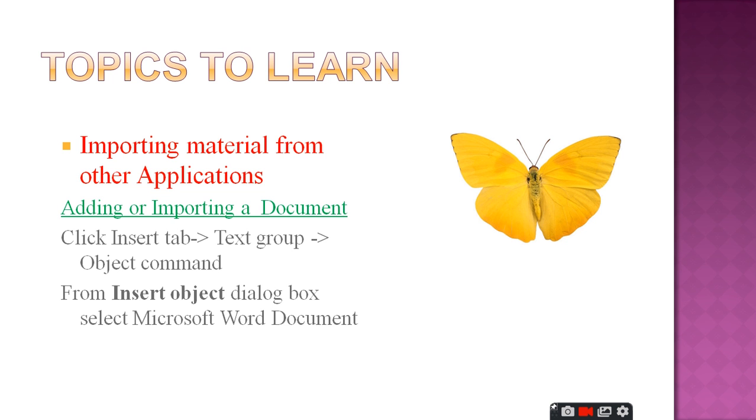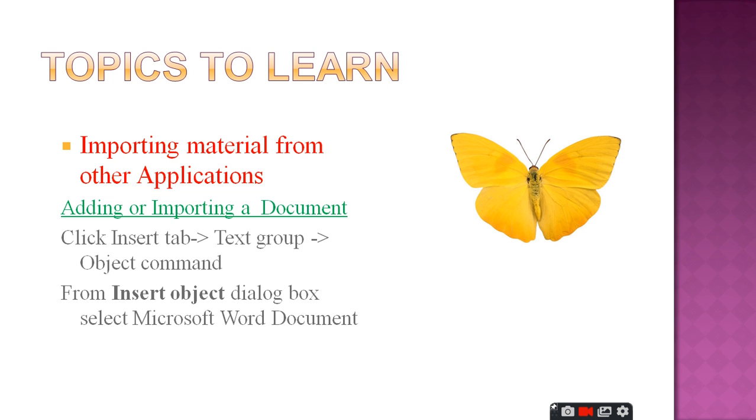For example, a table which is created using an Excel sheet can be added into our presentation, or a document which is created in Word can be imported and added to our presentation. Or sometimes we can take some database from MS Access or some other applications. That can be added into our presentation during the slideshow.